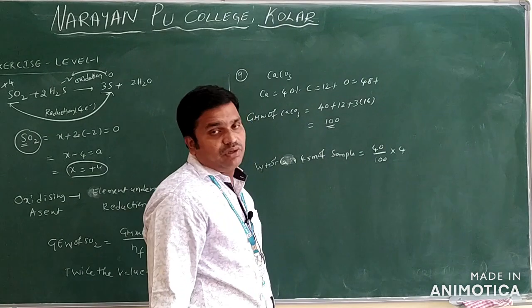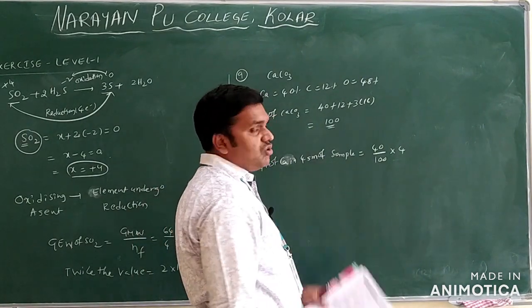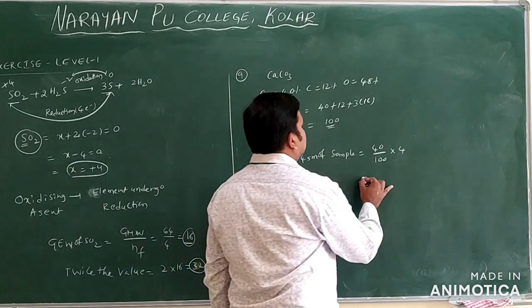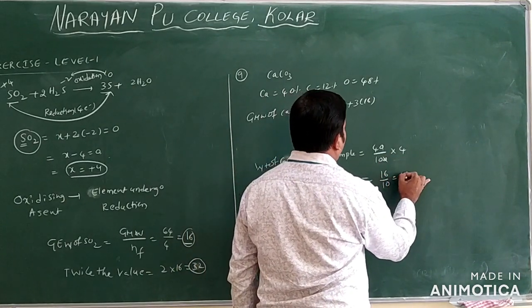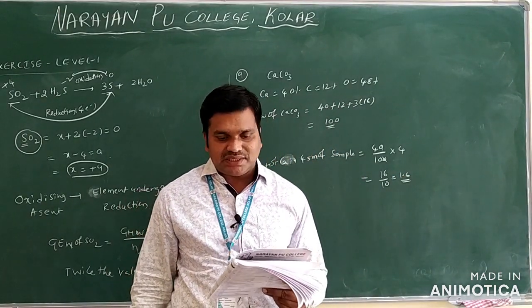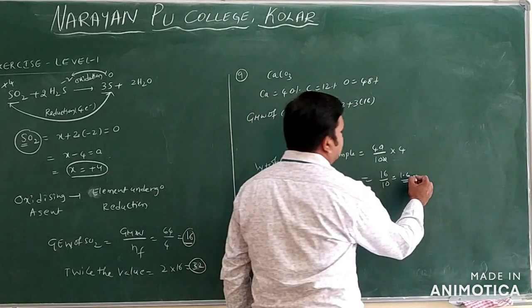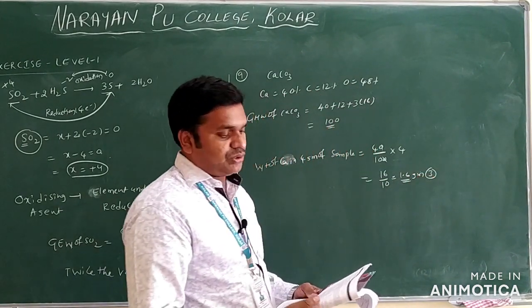If 40 grams of the sample is 100%, how many grams do we find for 4 grams? Then you can cancel it here. What you will get is 16 by 10, that is equal to 1.6 grams. So the option you will take here is option 3 for this question.